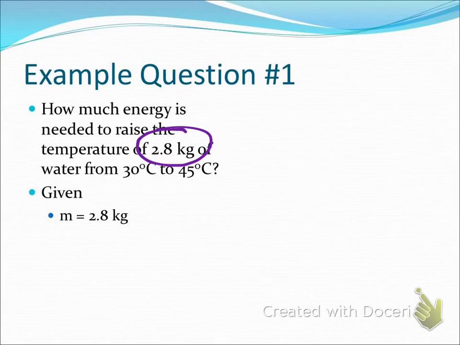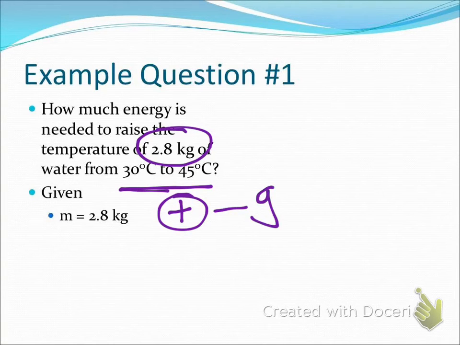The second thing we want to look at is the temperature change. Now this is a positive temperature change. That means that the substance is going to gain energy. And so when the substance gains energy, then we always make that change positive.